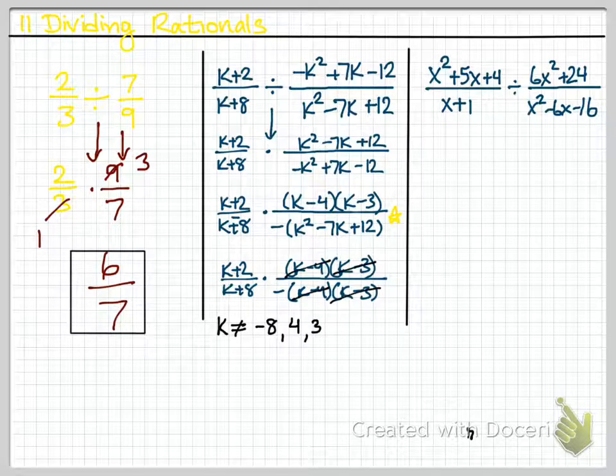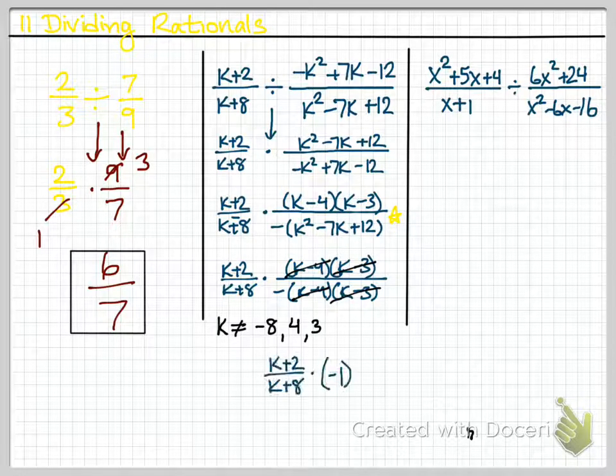All right, then let's start canceling. The k minus 4s are gone, k minus 3s are gone. Notice I didn't cancel these out way at the beginning when I could have, even though they're exactly the same. You want to factor these to see what your excluded values are going to be first. And what we're left with is k plus 2 over k plus 8 times, well, what's left? Negative 1.